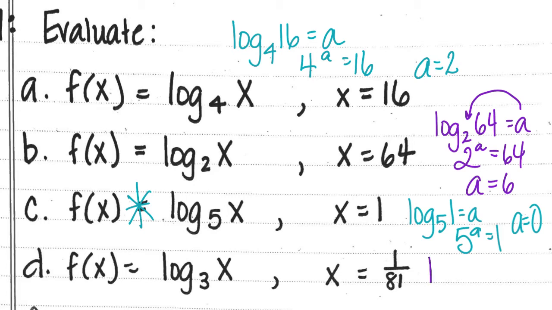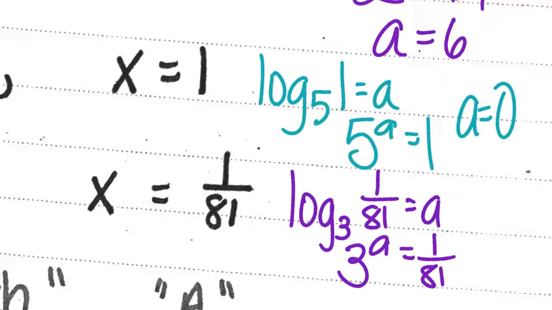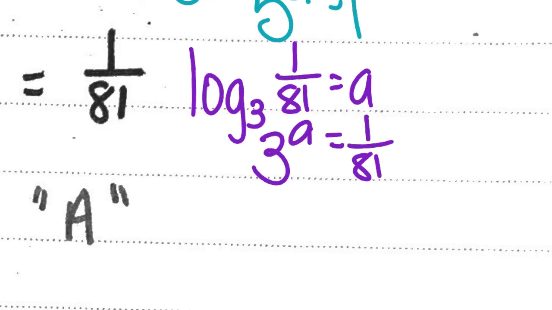So 3 to what power is 1/81? Well, I know that has to be a negative. I know 3 to the second power is 9, to the third power is 27, and to the fourth power is going to give me 81, which makes sense because 3 squared is 9, and we have 2 of those.